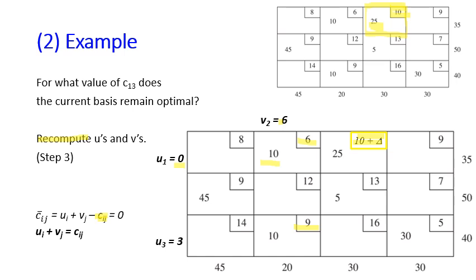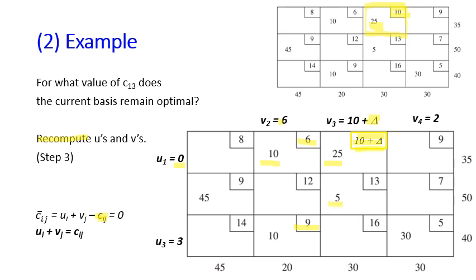And then from here, you may calculate v4, which equals 2. And then there's nothing else you can do. Now you can calculate v3. So v3 equals 10 plus delta. Do not forget the delta, because 0 plus 10 plus delta equals 10 plus delta.